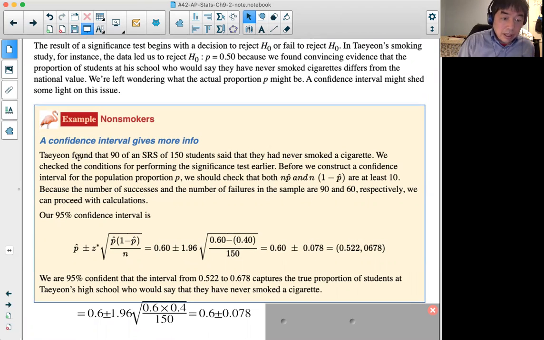Taehyon found that 90 of an SRS of 150 students said that they had never smoked a cigarette.